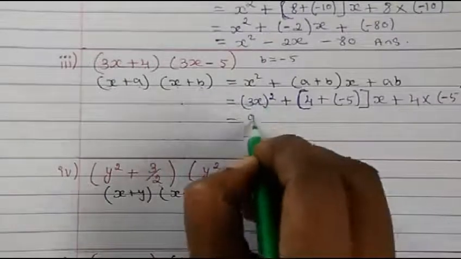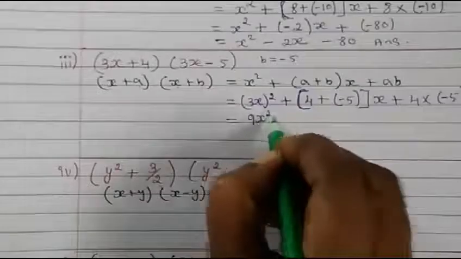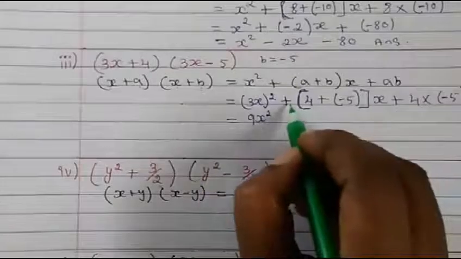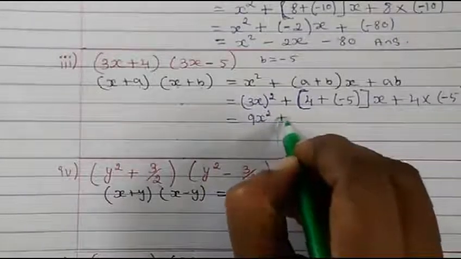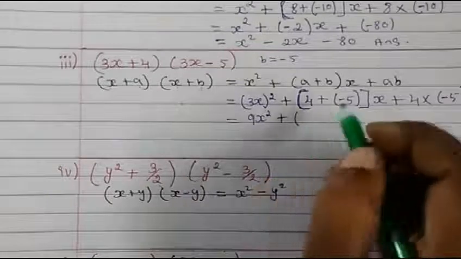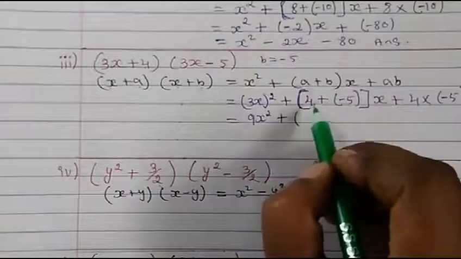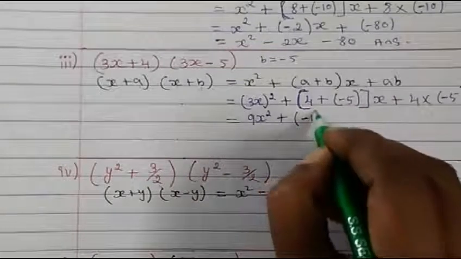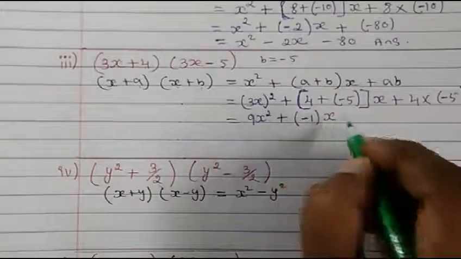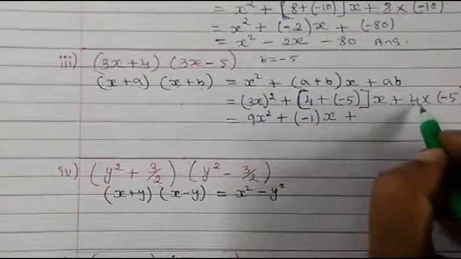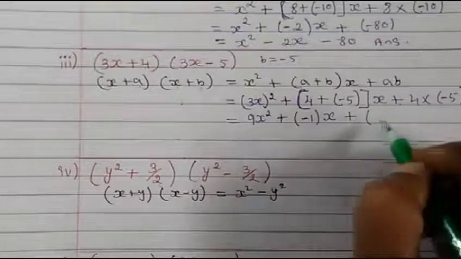So now 3x square will be 3 3s are 9, square will be 9 and x square. So now this plus, we have here plus, but then inside the bracket we have minus 5 and plus 4. That means we will get minus 1. Then this x as it is.